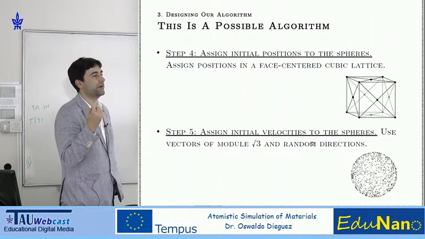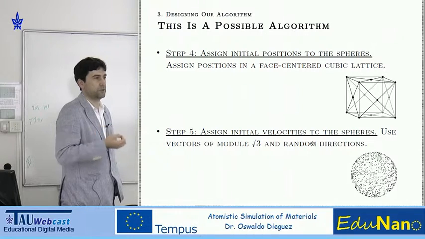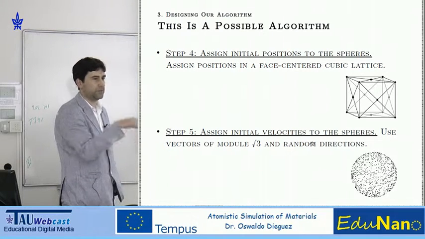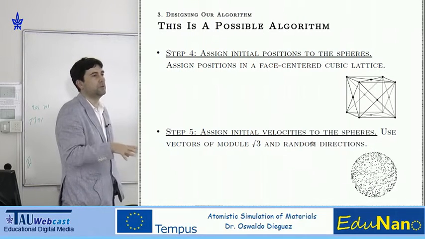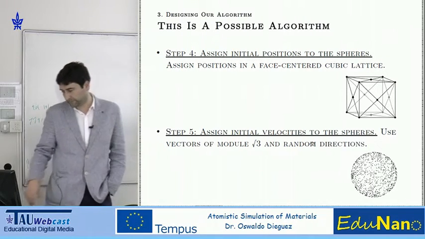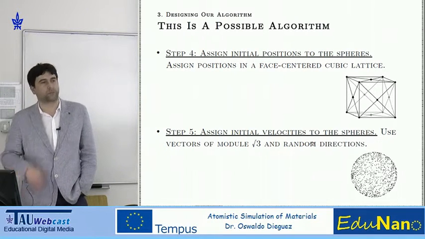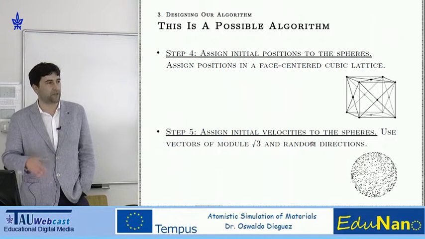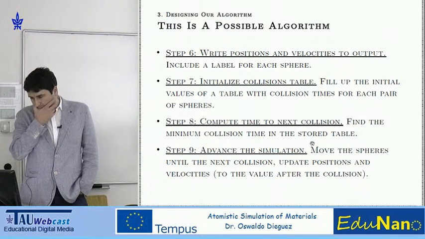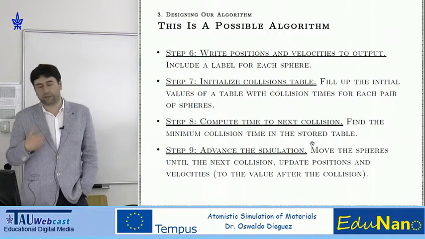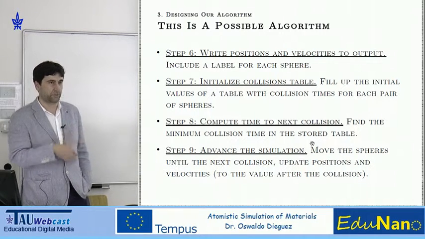If you, by chance, give something that is not random, you might get wrong results because your system is not accessing all possible energetic configurations, but some that come from your particular choice. Then, again, things converge more slowly, things take more time, things sometimes give the wrong answer. So at this point, we know what the positions and velocities are, the initial ones, so we write, yes?